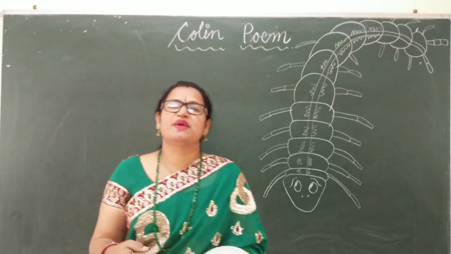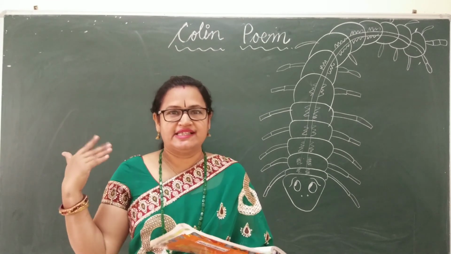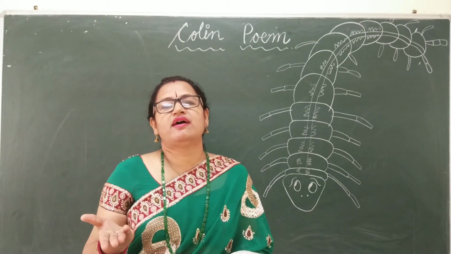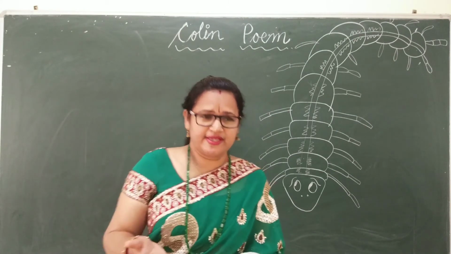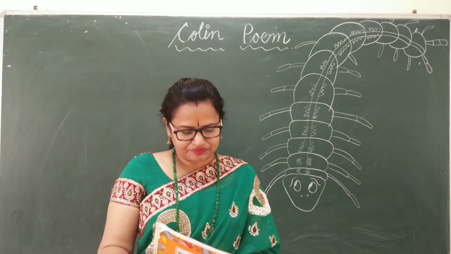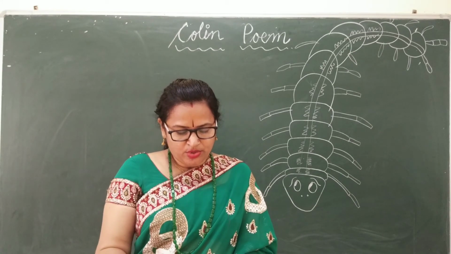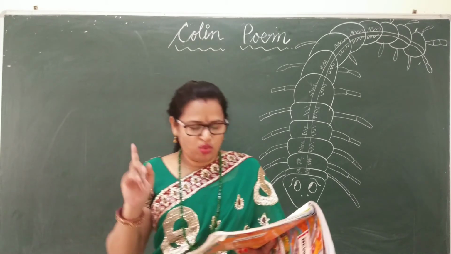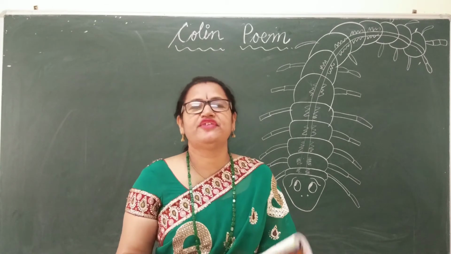So the poet is maybe a young child and he is scared of the sounds he hears at night. He is saying that whenever you and all your family members are sleeping, you will know it's Colin. You imagine that it is Colin only who is tapping his little feet.